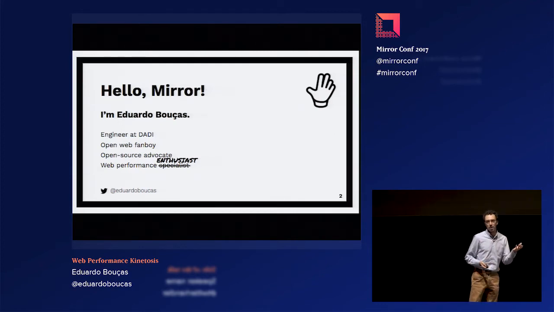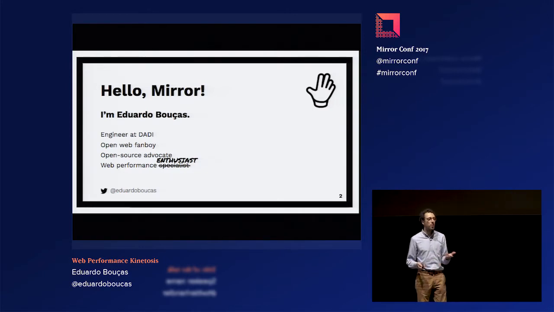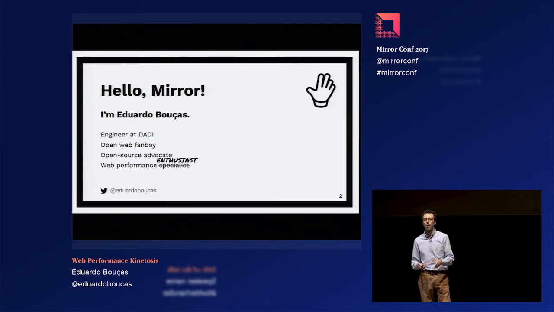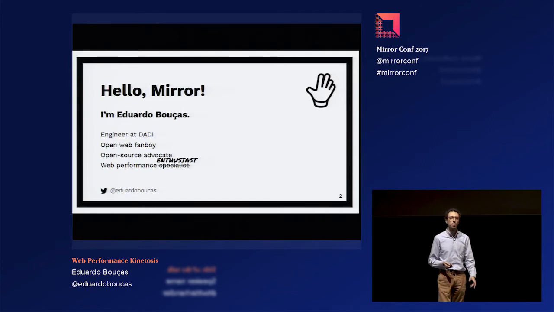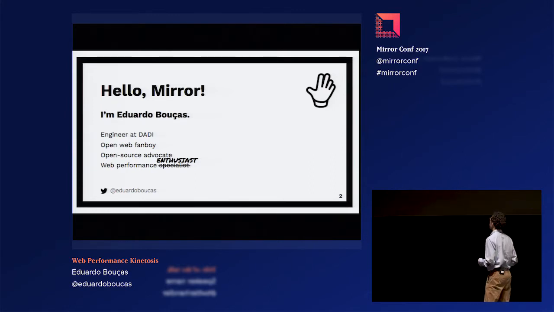We need to be able to deliver reliable and usable and consistent experiences across a variety of devices, regardless of how powerful they are, of how ideal the network conditions are, and where in the world they're being accessed from. And this is why in the past few years I've tried to learn as much as possible about web performance, because I think that this is something that we should get right.